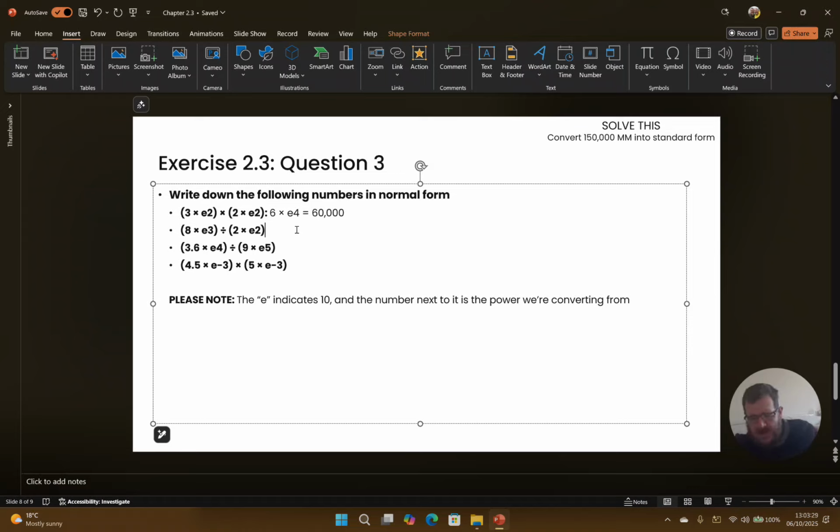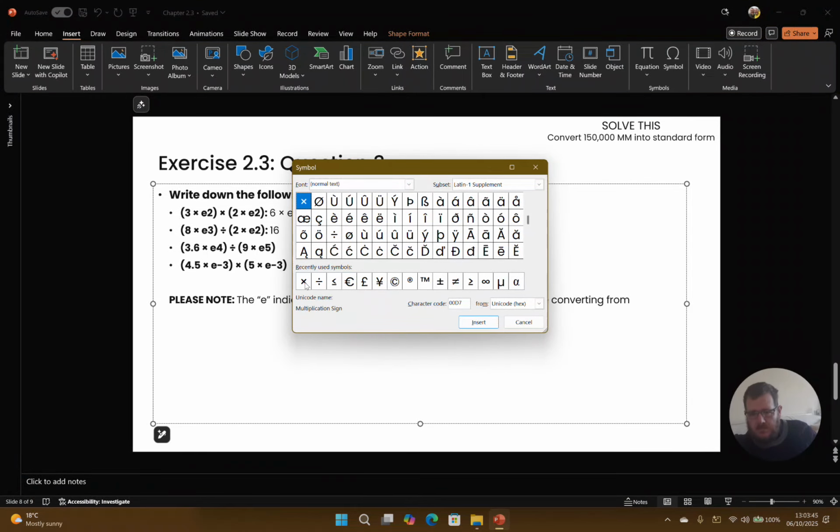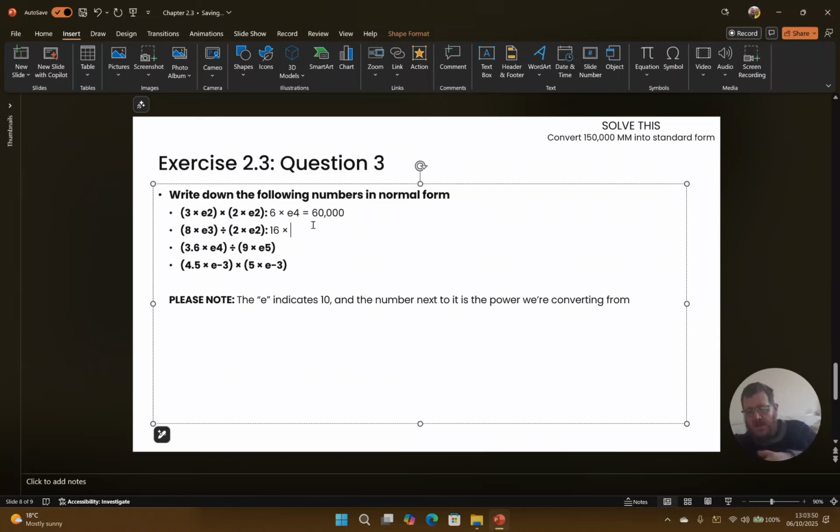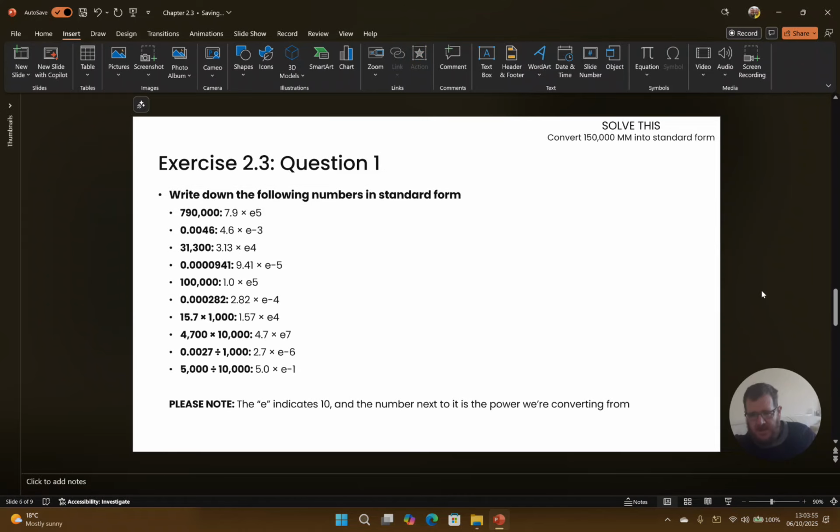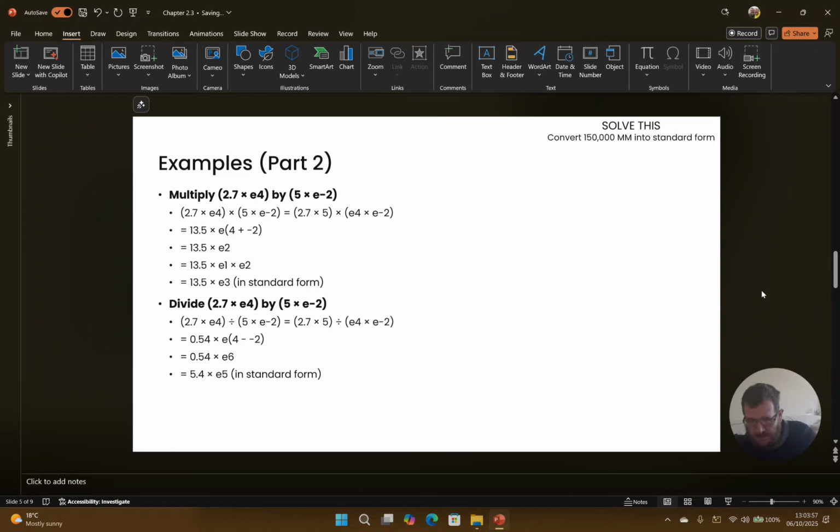Now we want, at this point, so 8 times 2 is 16. And then you've got, this time E3 minus 2, because we're dividing, as per the example there, plus divided by a minus is a minus.